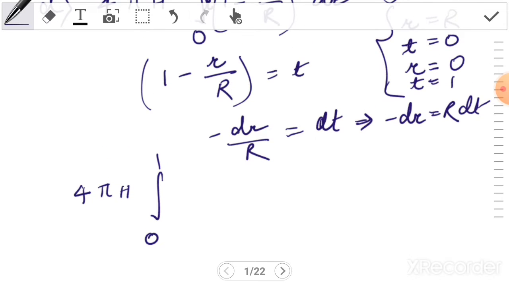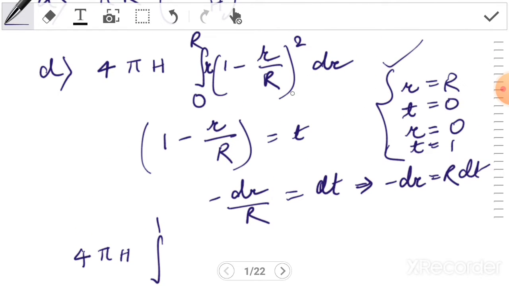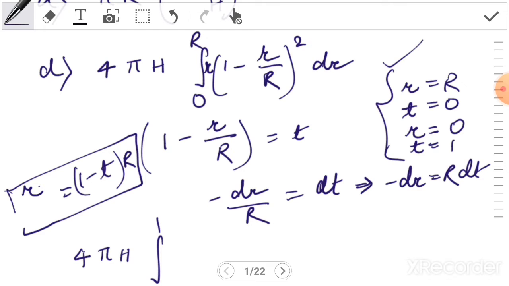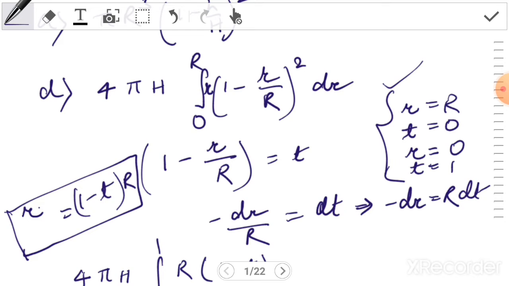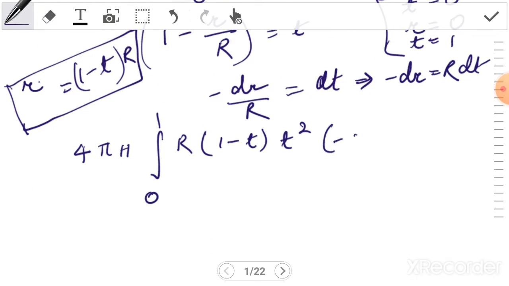So this is t square, 1 minus small r by capital R whole square is t square, and small r can be written as 1 minus t, okay, 1 minus t, see, capital R. So now r times 1 minus t and t square, as this is t square, so t square and minus R dt.